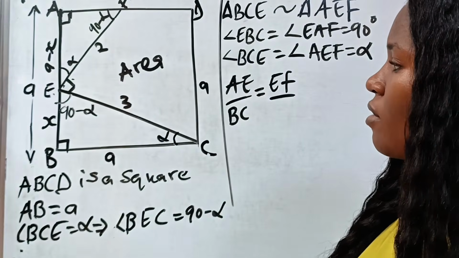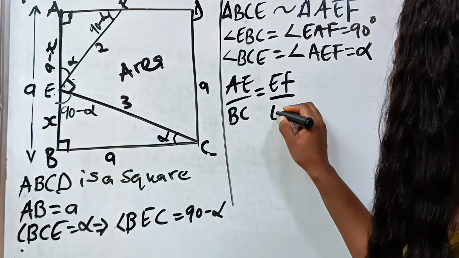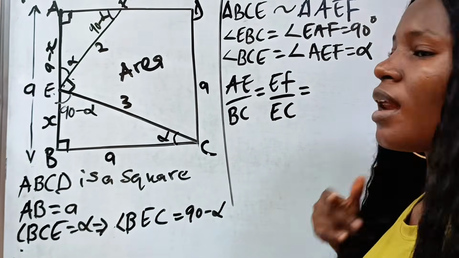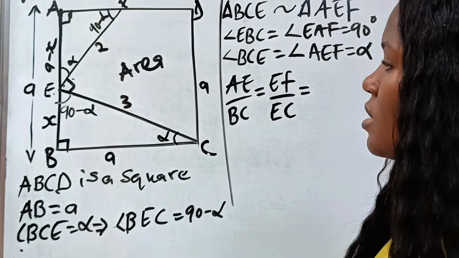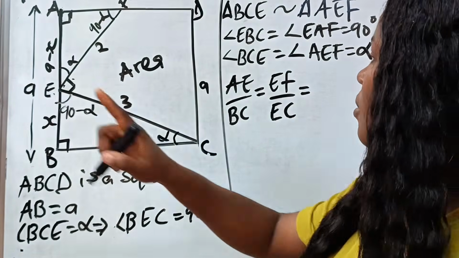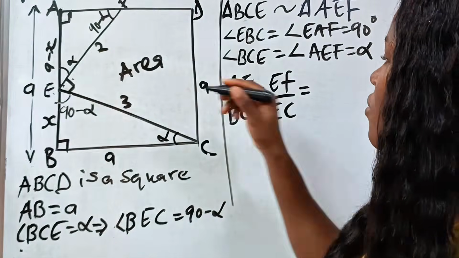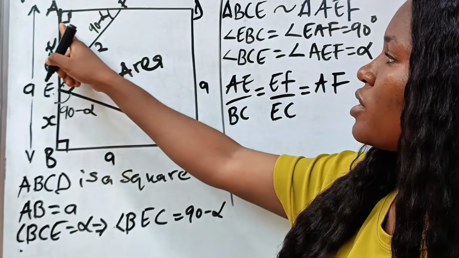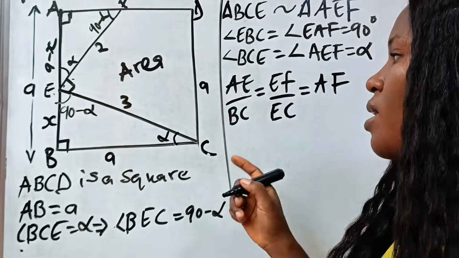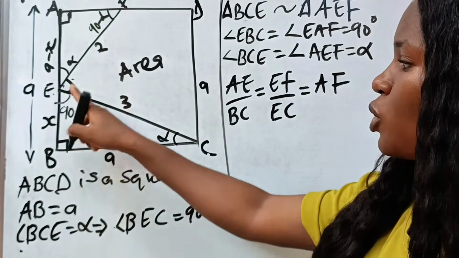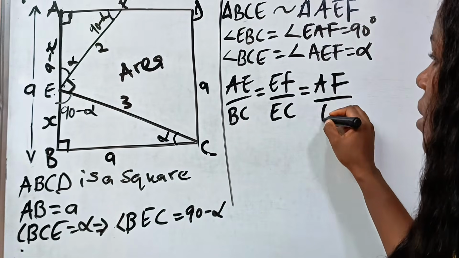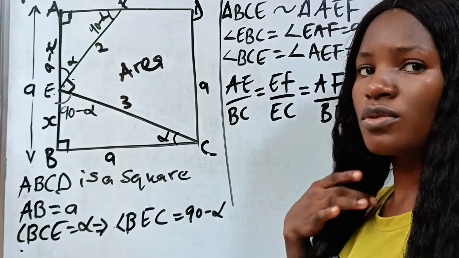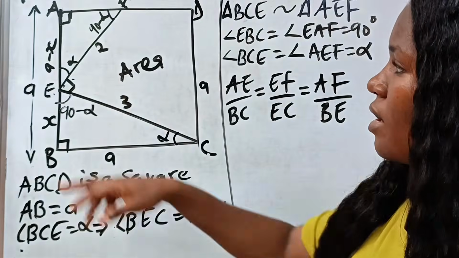And this is equal to the last one, AF, which is 90 degrees and 90 minus alpha, so it should be over BE.